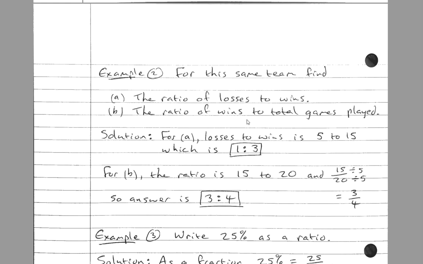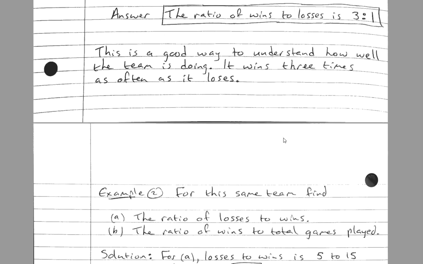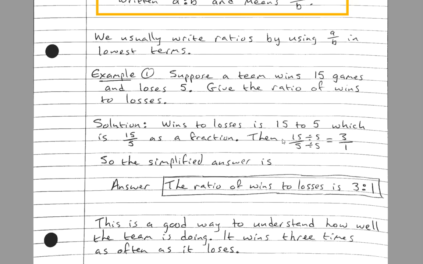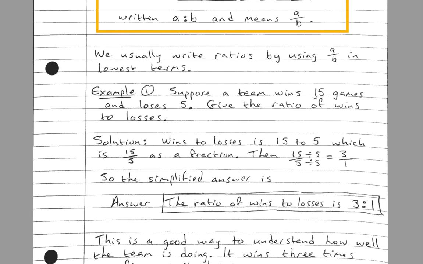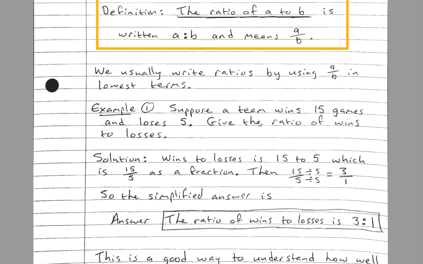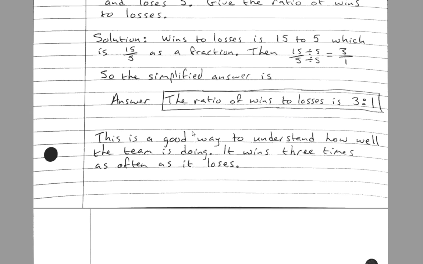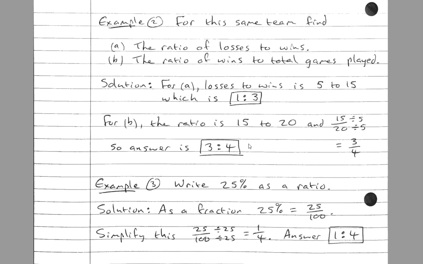How about part B? So wins to total games played. Well, 15 wins. What's the total number of games played? Well, that'll be 20, right? So including all the games, 15 plus 5 is 20. So 15 wins, and we're comparing that this time with the total number of games played. So it's the ratio of 15 to 20.